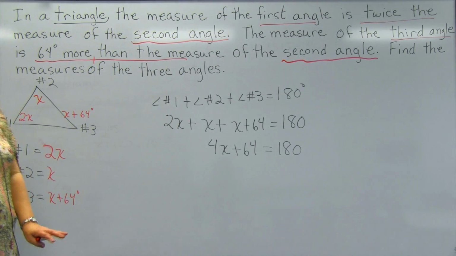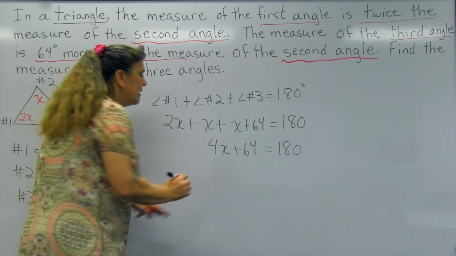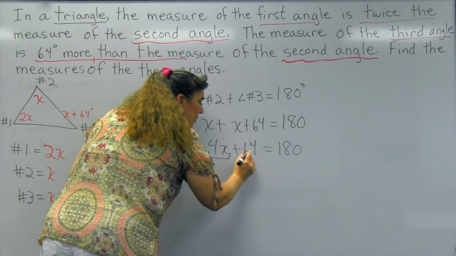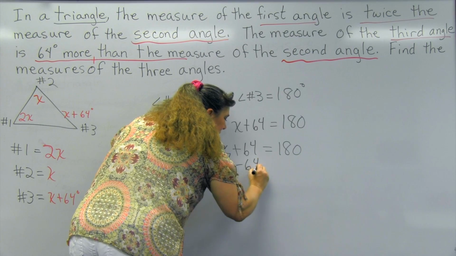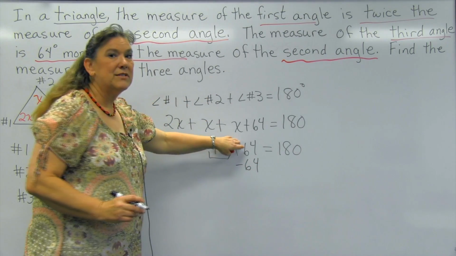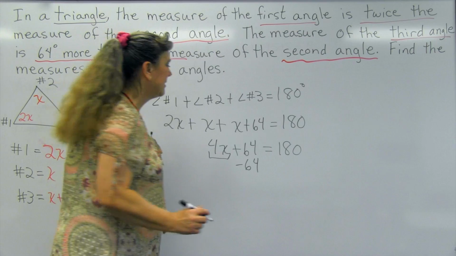Now remember, we're isolating the 4x, so we're going to keep this one, and we're going to nullify that one by making it 0 by subtracting what it is. If it's a positive 64, the opposite is minus 64.